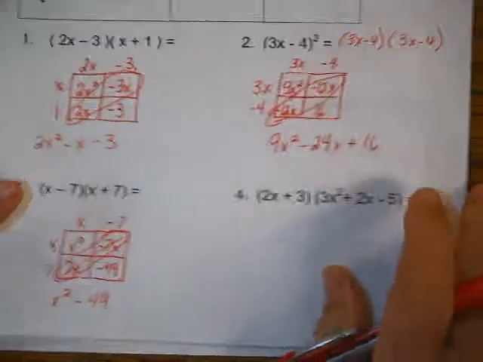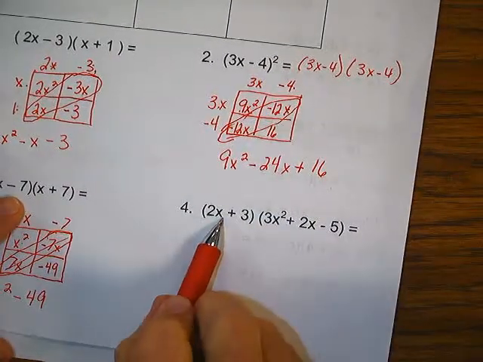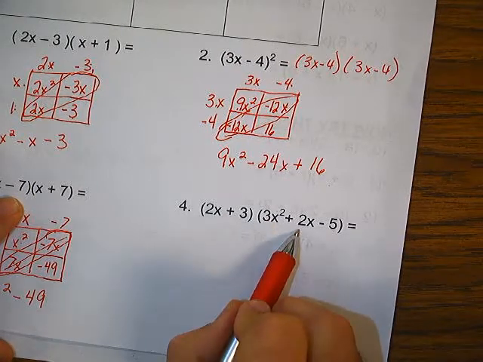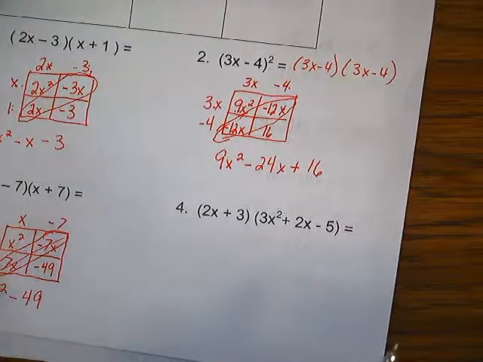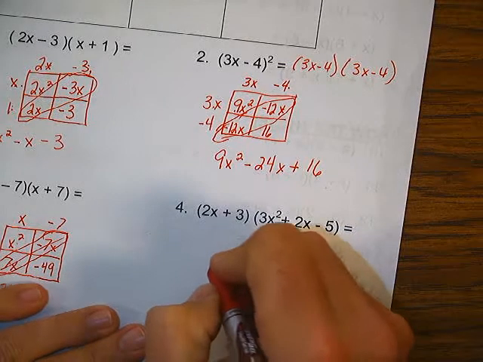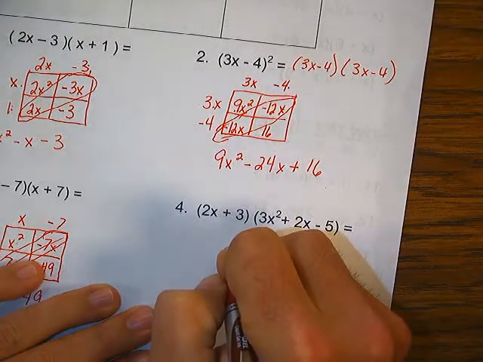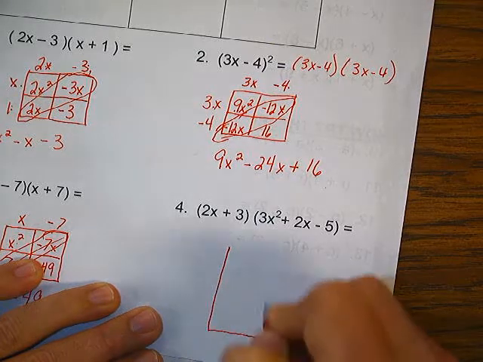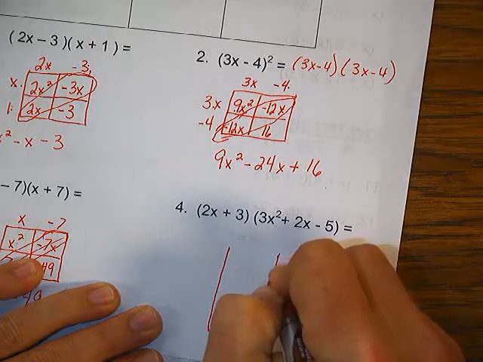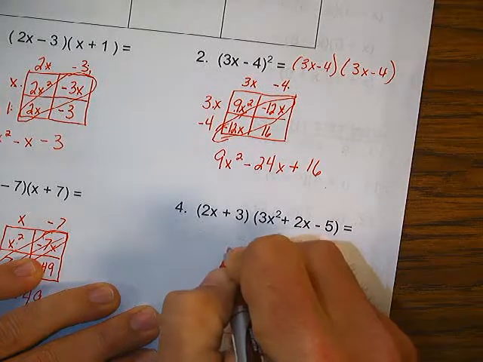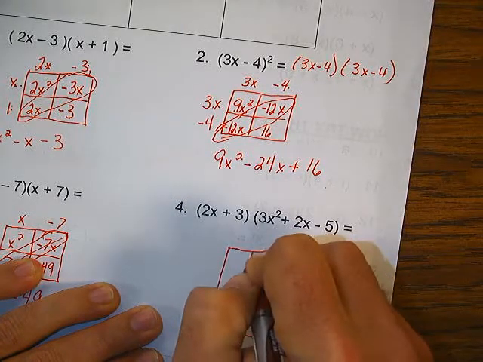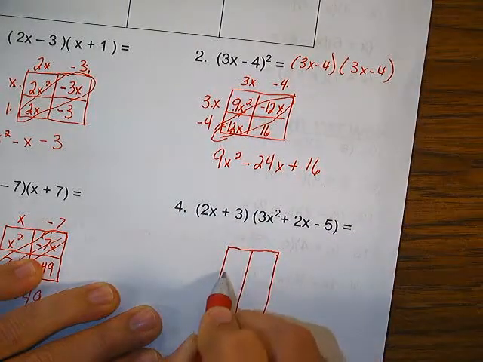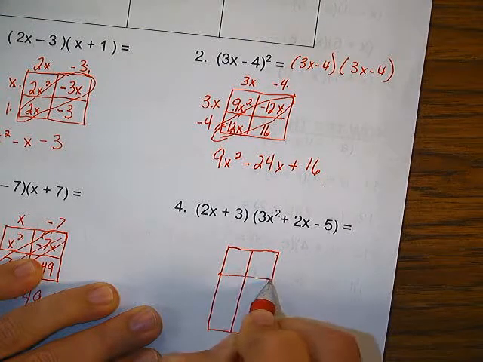And on number 4, we have a binomial times a 1, 2, 3, a trinomial, so my box is going to look a little bit different. Okay, I'm going to have my binomial on top. Okay, and I have to have 3 boxes down below.